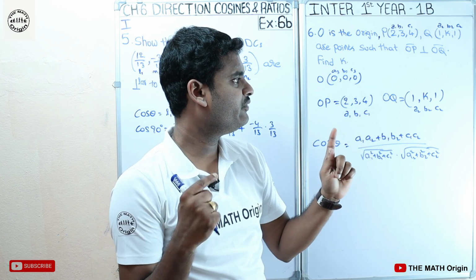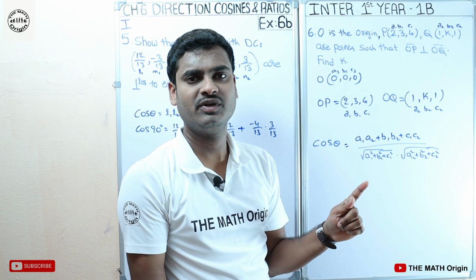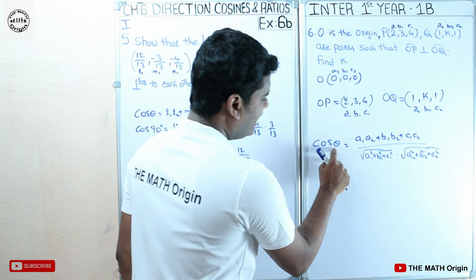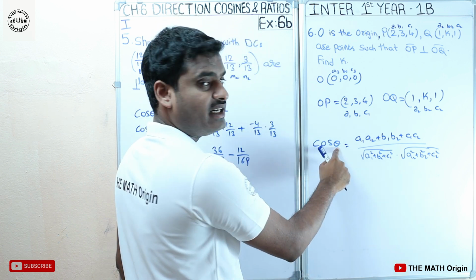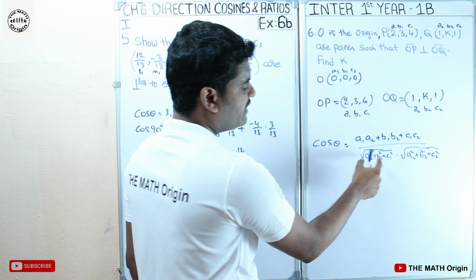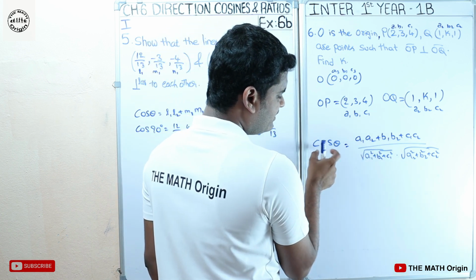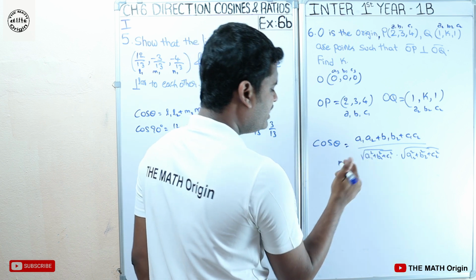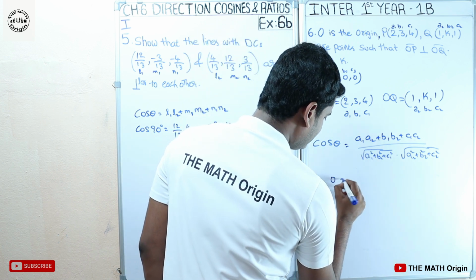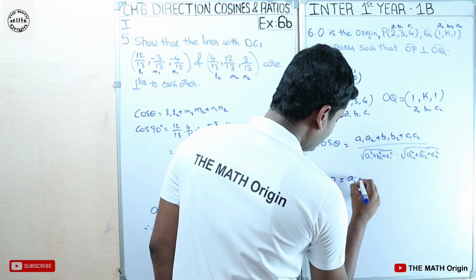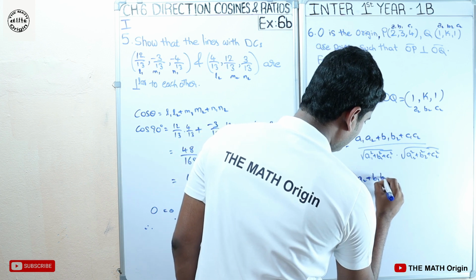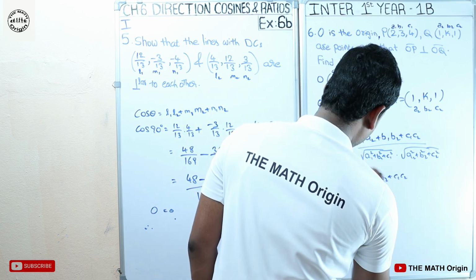But if those two lines are perpendicular to each other, it means the angle will be 90 degrees, cos 90 is 0, and if we multiply this 0 with the denominator, it will be 0, which equals the numerator A1 A2 plus B1 B2 plus C1 C2.